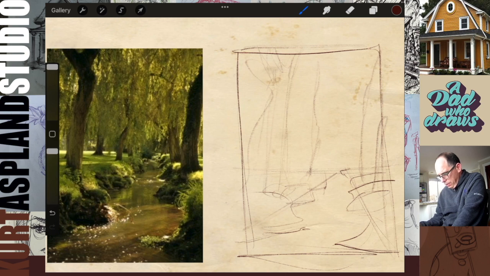Okay, great. All right, now I'm going to move into more detail here. There is this little overhanging bank here, and then underneath, and look at this here. I'm going to exaggerate this idea here.